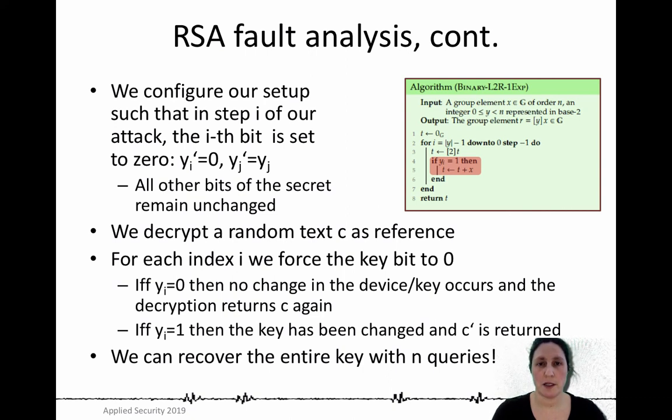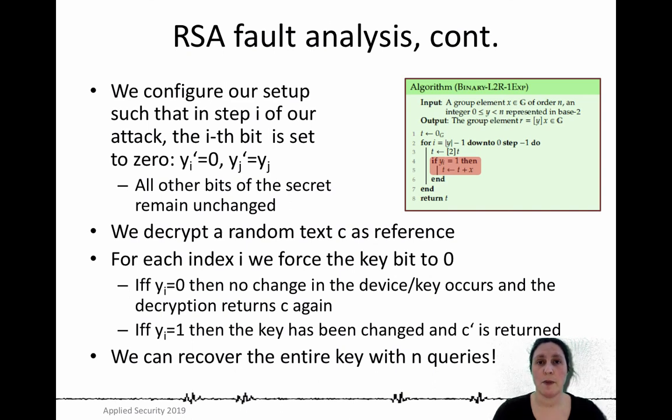We observe the resulting message. Now we check, is this the same as the previous decryption, so the reference decryption? If so, then the key bit must have been 0 anyway. If not, then we know that this key bit must have been 1, hence we have learned what this key bit was. And so we continue, meaning that we take the same ciphertext again. This time, we fault the decryption in the second round, so at the second bit down from the most significant bit.